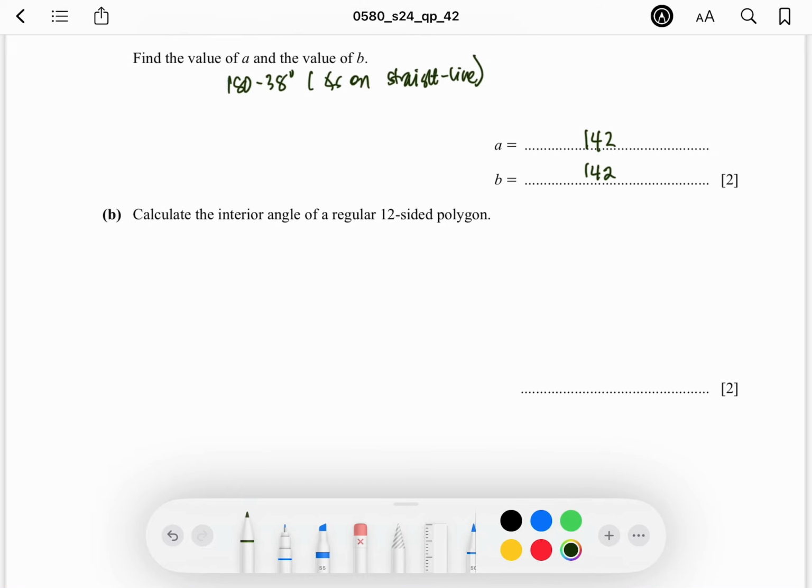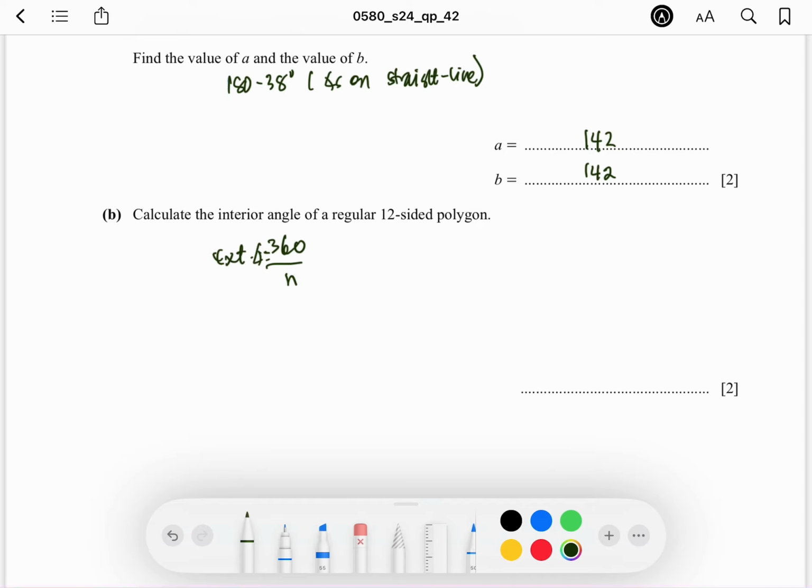Calculate the interior angle of a regular 12-sided polygon. Okay, sini ada formulanya to find interior, tapi teacher selalu pakai untuk kemudahan semua, and then it applies to any questions on polygons, whether it's regular polygons or irregular. I always use to find exterior angle.